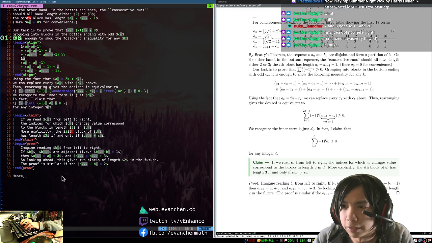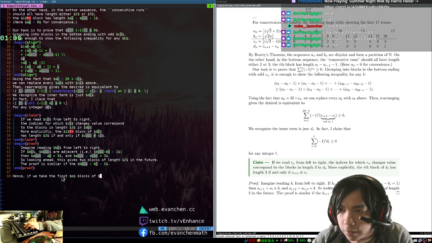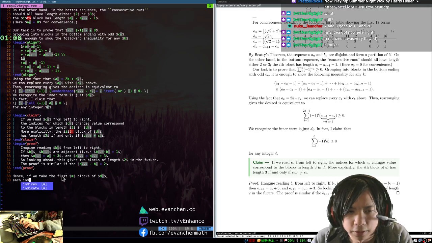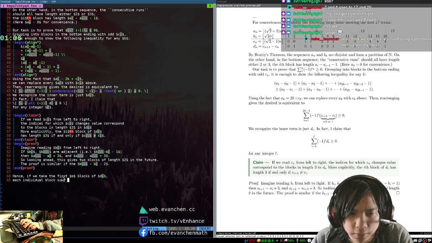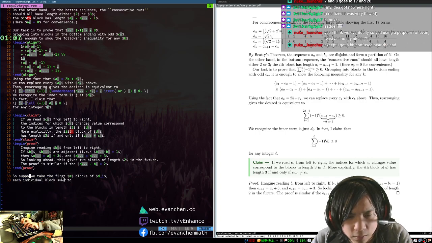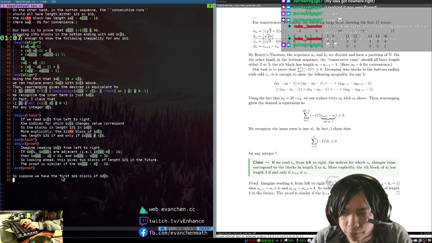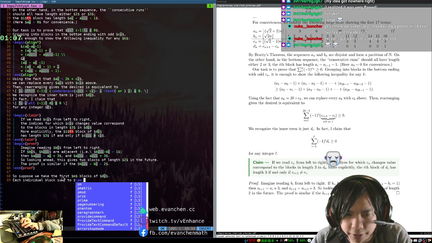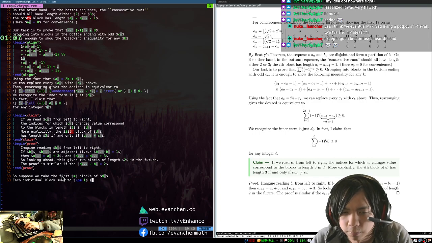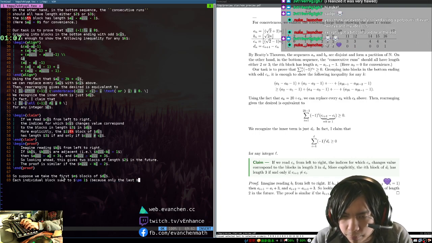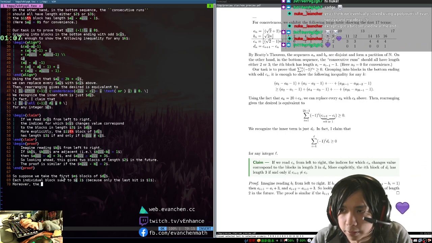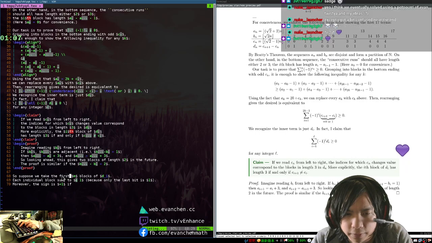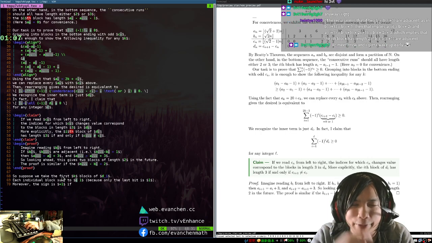Hence if we take the first m blocks of d_i, each individual block sums to ±1 because only the last bit is 1. Moreover, the sign is +1 if and only if... so we change from n to k to l.